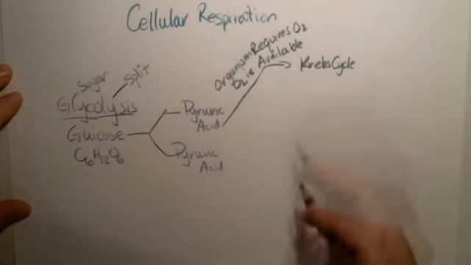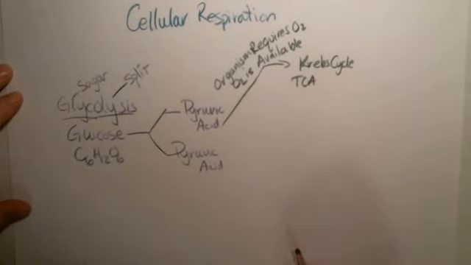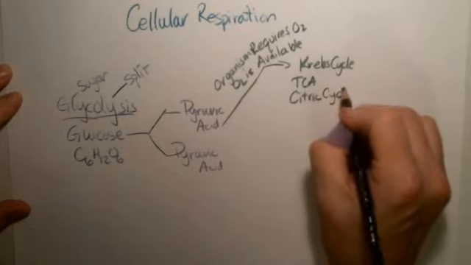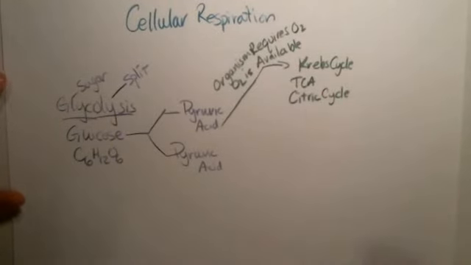There's another name for this. It's also the TCA cycle. It's also the citric acid cycle. These are all the same names for this particular thing.